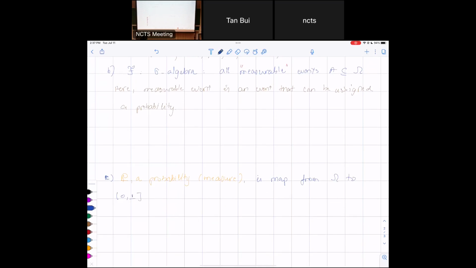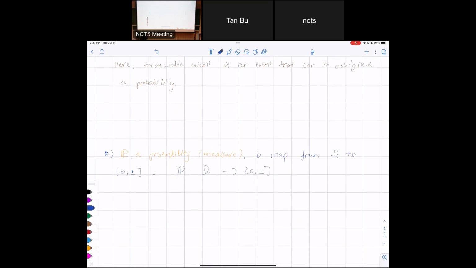So P is a function from omega to 0 and 1. So it's a mathematical function. That's it. Nothing special about that. It just has a special name. But for us, mathematically, it's just a map. So don't get concerned about probability. It's just a map. Okay, so but the conditions, right? Of course, P.